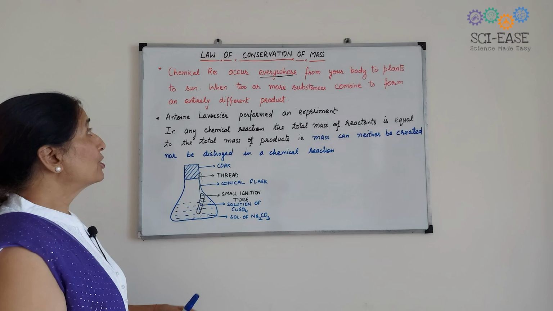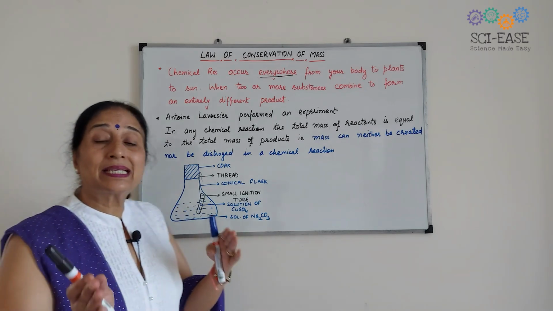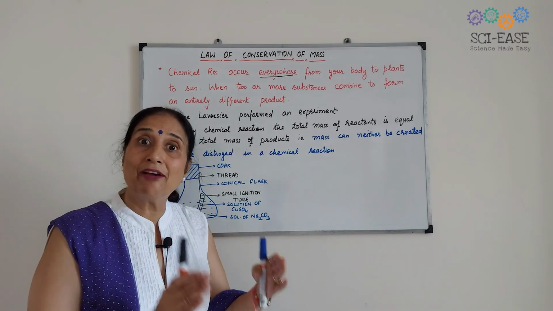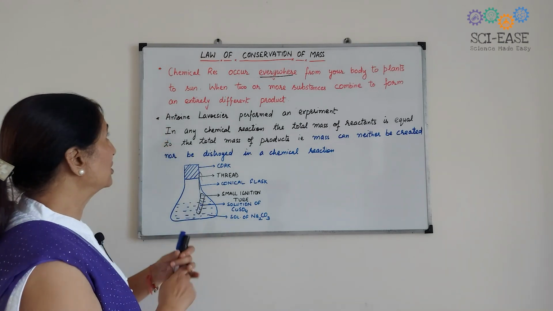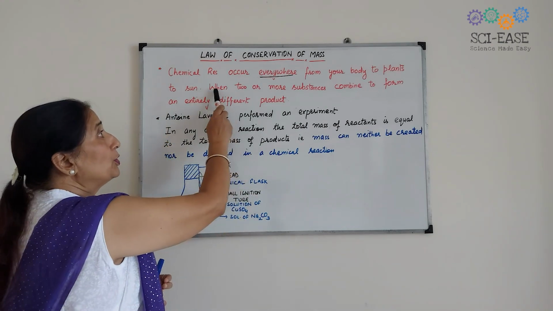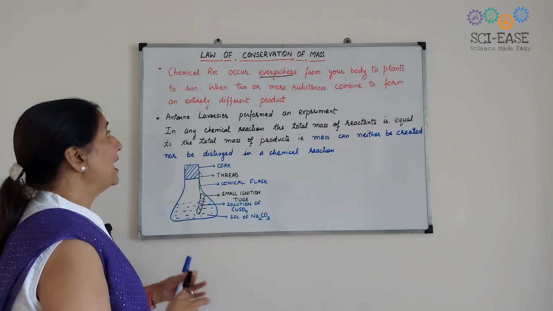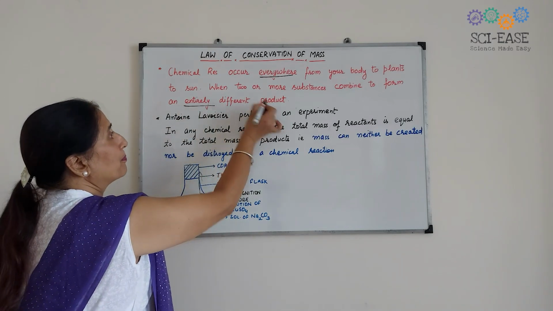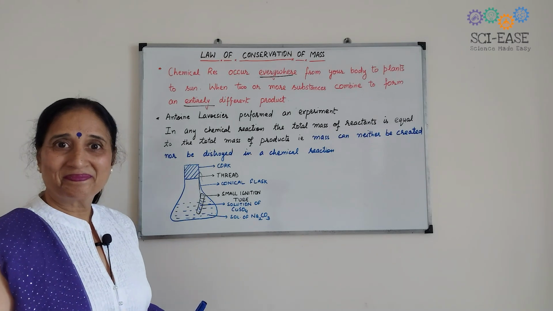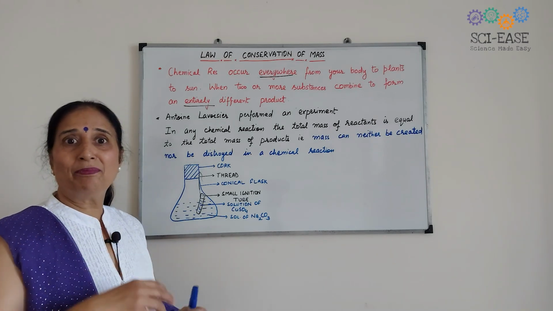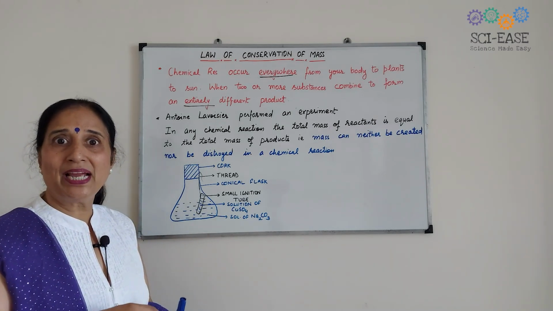Okay? So, what are these chemical reactions? What is the definition of a chemical reaction? I want to tell you. When two or more substances combine to form an entirely different product, that is formed during this chemical reaction.